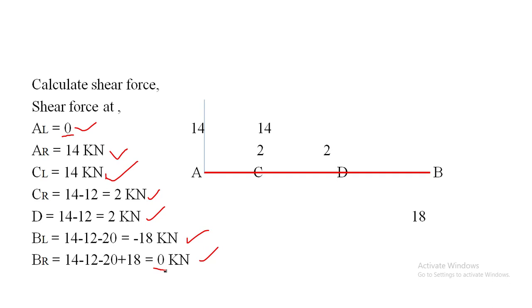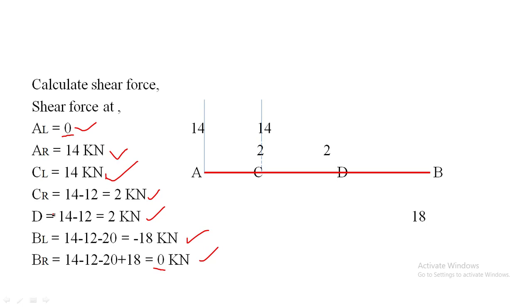This means you should draw a 2 kilonewton line on C, which is a dotted line, and C of left, 14 kilonewton, is drawn with a vertical straight line.